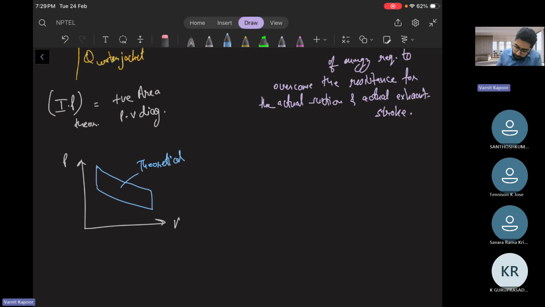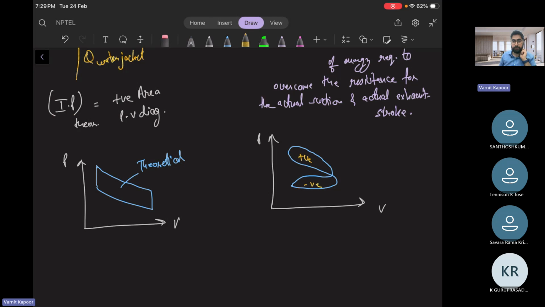But the PV diagram for the actual one was something like this. Let me make it a bit clear. This is your positive work, this is your negative work.